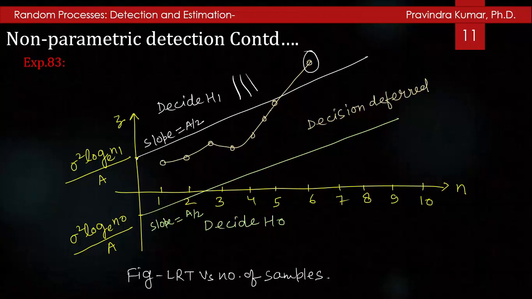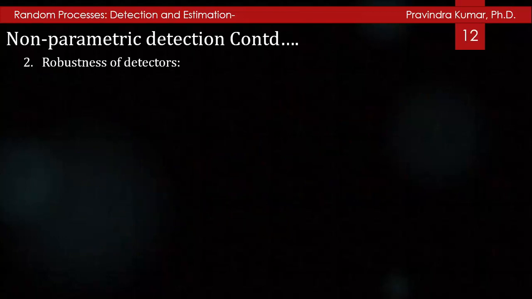At this point, we can make a decision in favor of hypothesis H1, that is, the signal is present. For n equal to 1 to 5, the decision is deferred, and we should take further samples for testing purposes.